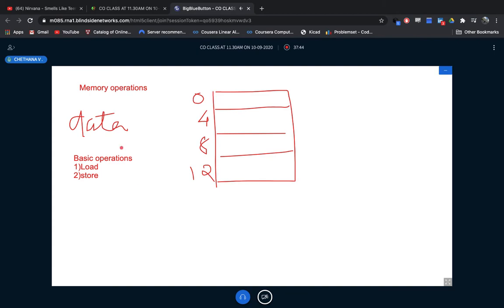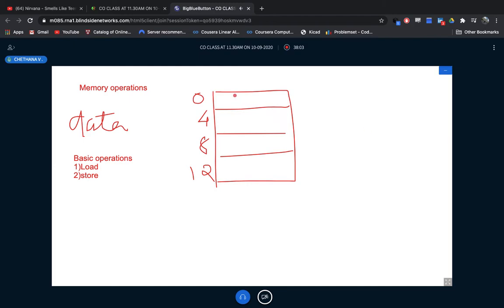Load means I will access the data from the memory. Already I have data available in the locations, something like 0, 0, 0 or 1, 0.